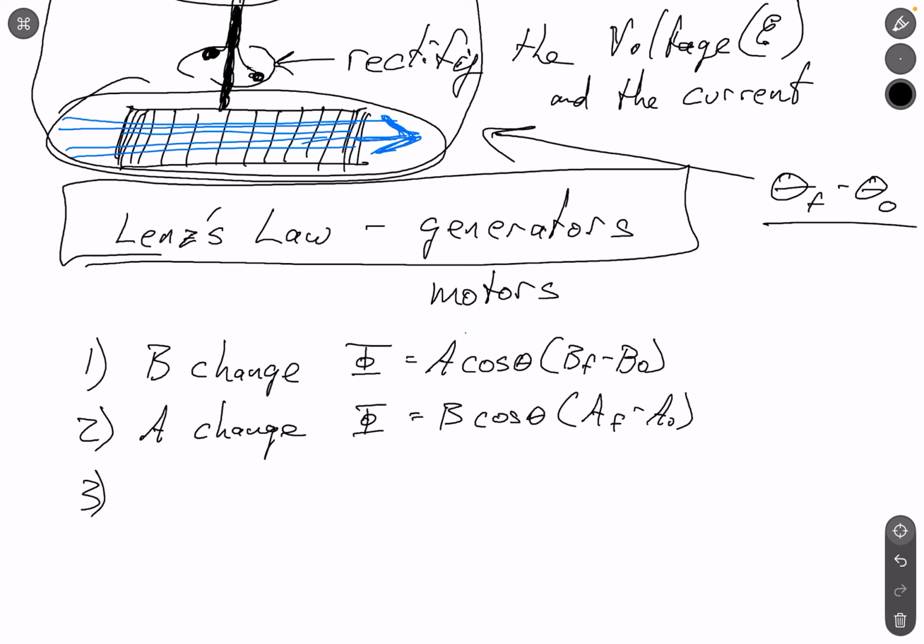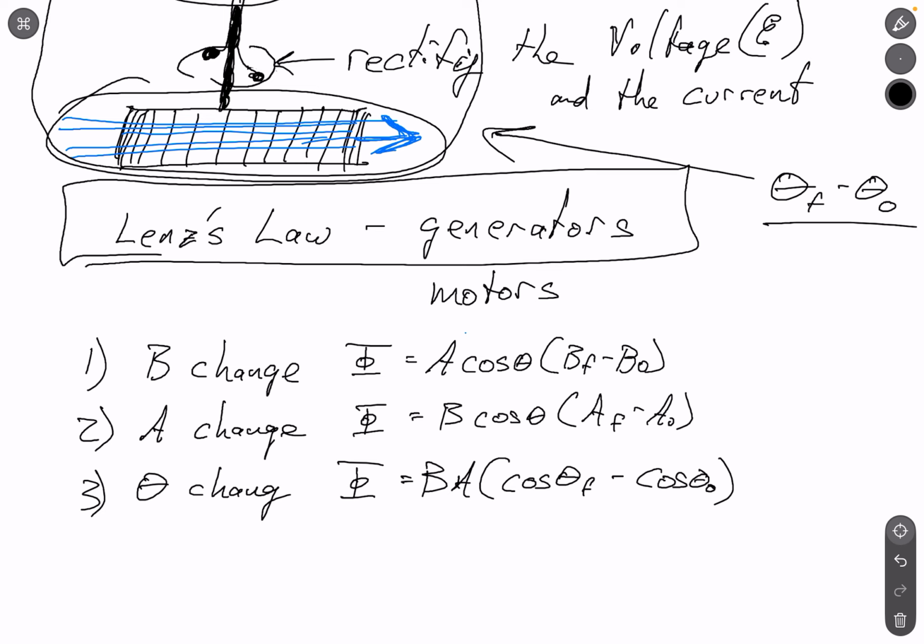Then the third way is theta is changing. And if theta is changing, then your B field stays constant, your area stays constant, and we're just subtracting the cosine of theta final minus the cosine of theta initial.